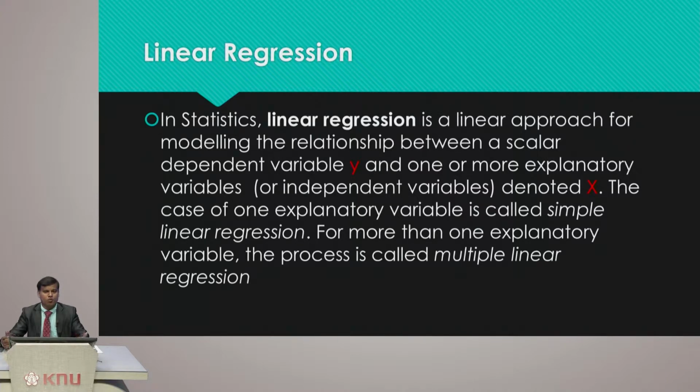When you have more than one independent variable, we call it multiple linear regression. So that's the basic definition. We are going to establish this relationship between these two variables. That's the core idea, and from these two variables we can try to predict values based on the data that we have.